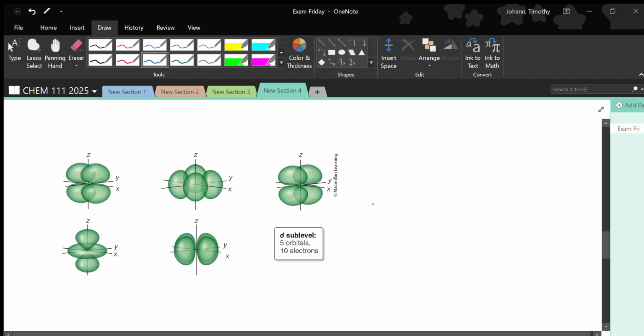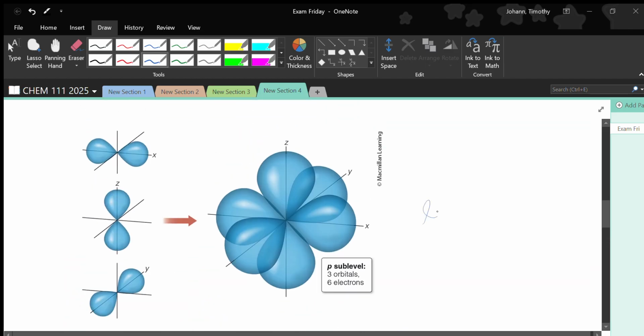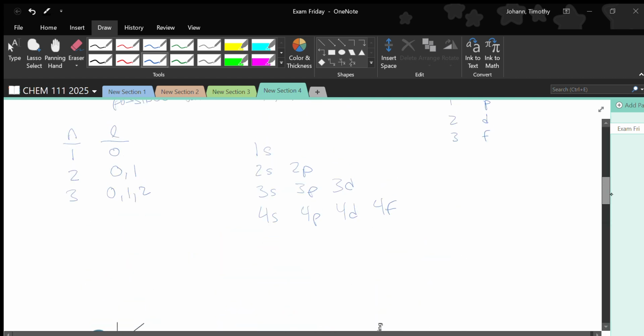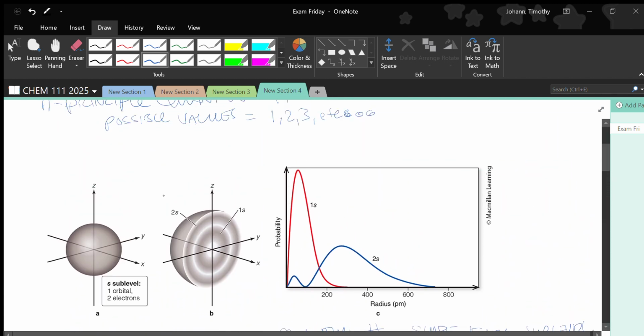But remember, this is L equals 2 for this sublevel. This is L equals 1 for this sublevel. This up here is L equals 0 for that sublevel. Okay.